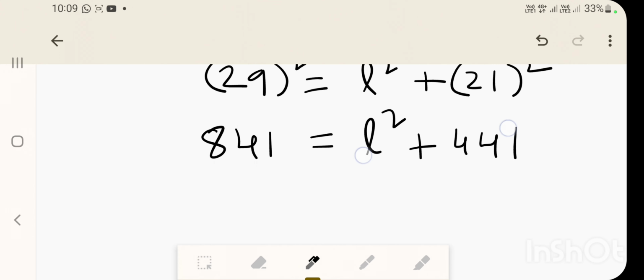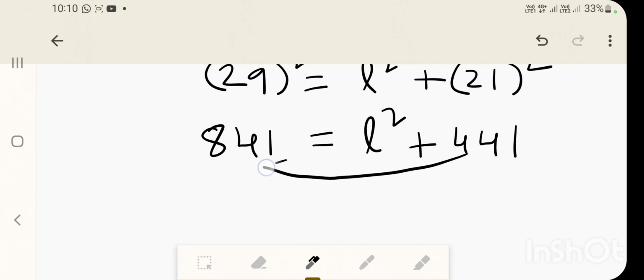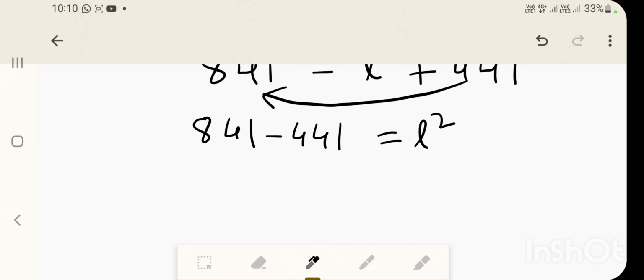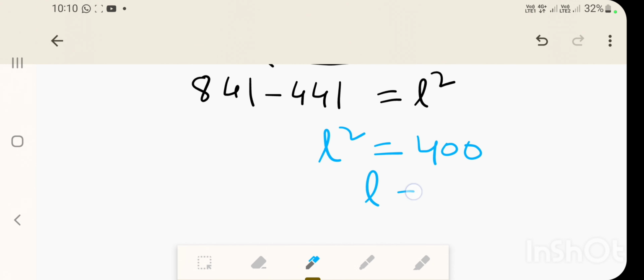Same as we did in lecture 3, we bring 441 to the left hand side. So 841 minus 441 is equal to L square, which is 400. From this we get L equal to root 400, which is 20 units.